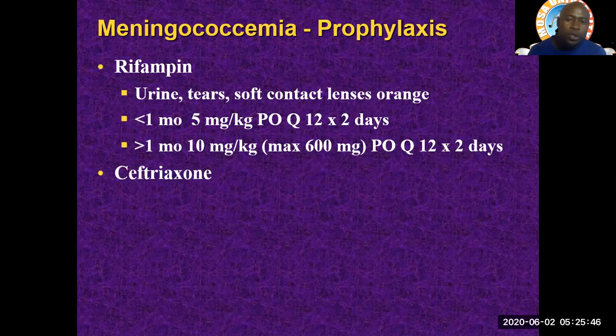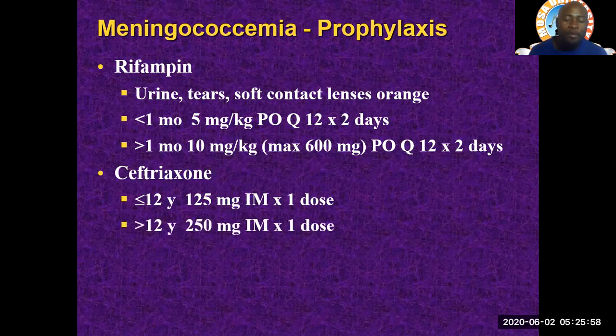The maximum dose should not exceed 600 milligrams. We can also give those who are less than or equal to 12 years ceftriaxone 125 milligrams IM, 1 single dose. Those that are greater than 12 years, we can give 250 milligrams intramuscular, 1 dose.